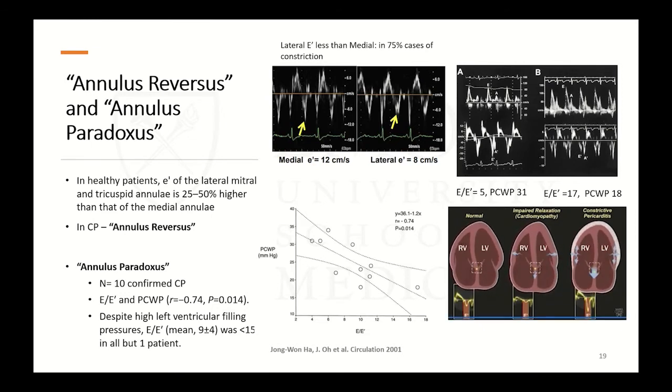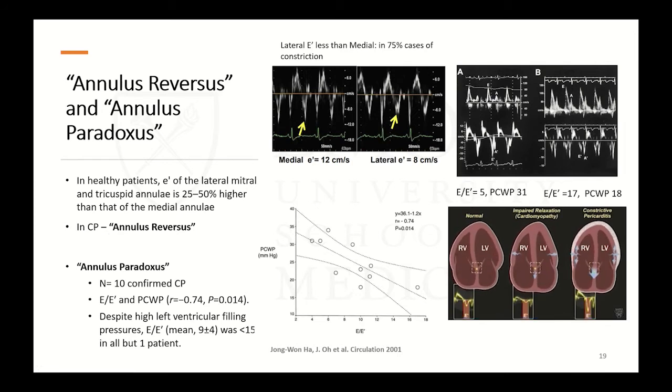This is called annulus reversus. It's pretty characteristic for constrictive pericarditis, and actually one of the main criteria by echo to have a diagnosis of constriction.